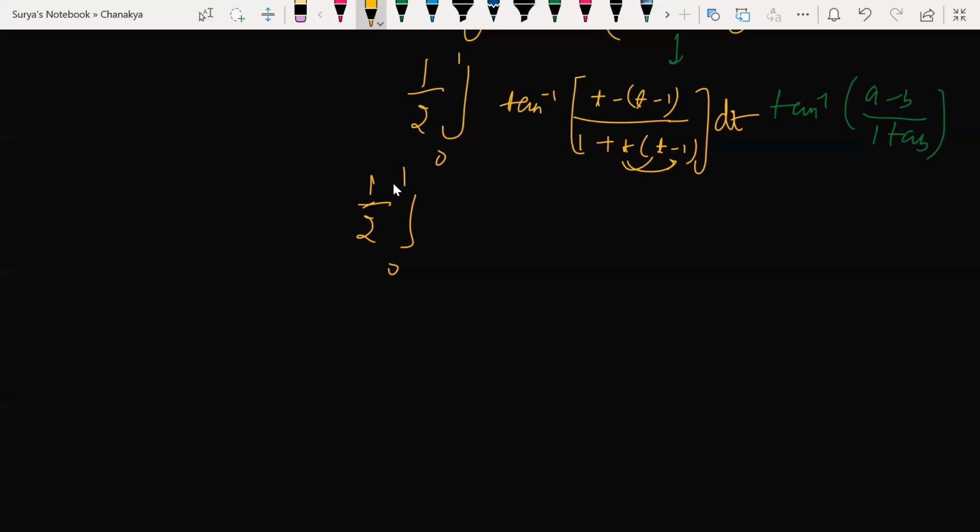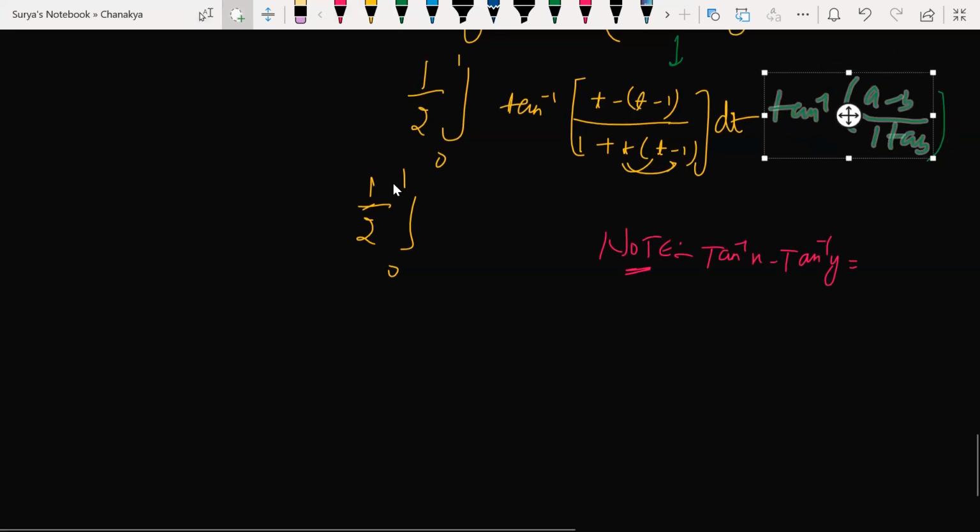We know from the inverse trigonometry functions what we learnt: tan inverse of x minus tan inverse of y is equal to this function.